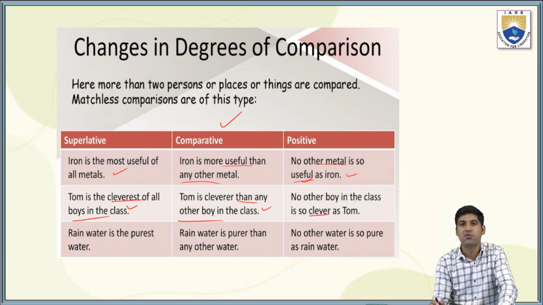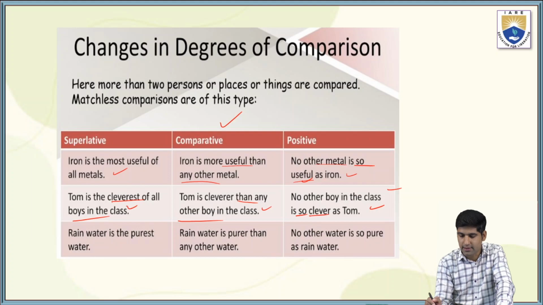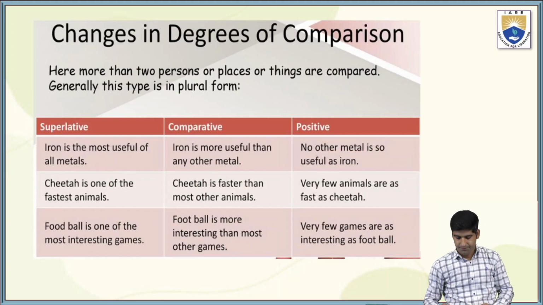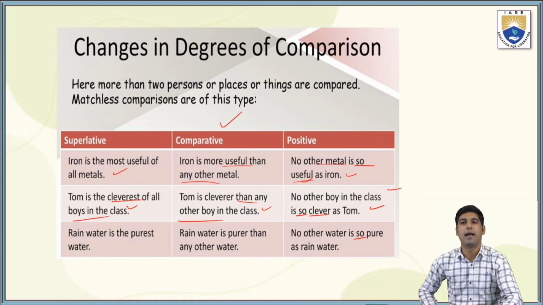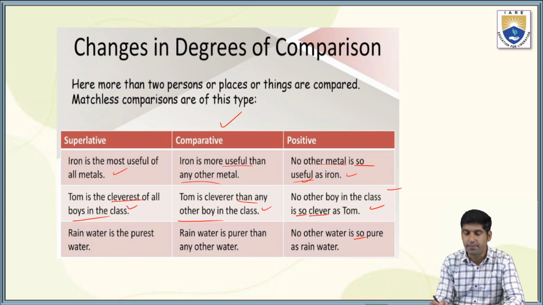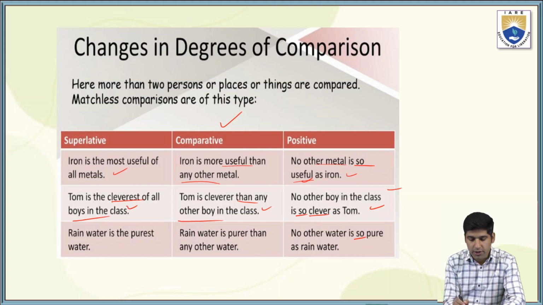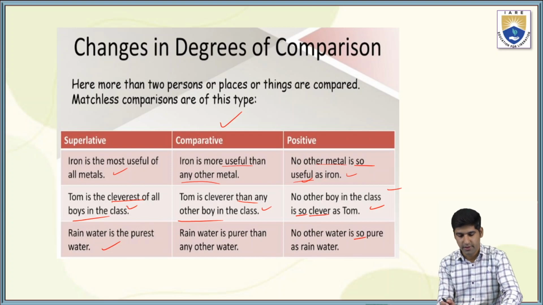Now we have the base form clever. No other boy in the class is so clever as Tom. So we use so before these sentences. You can check. No other boy in the class is so clever as Tom. So the base form is making a comparison between two or more objects. Rainwater is the purest water, meaning among all waters, rainwater is purest.